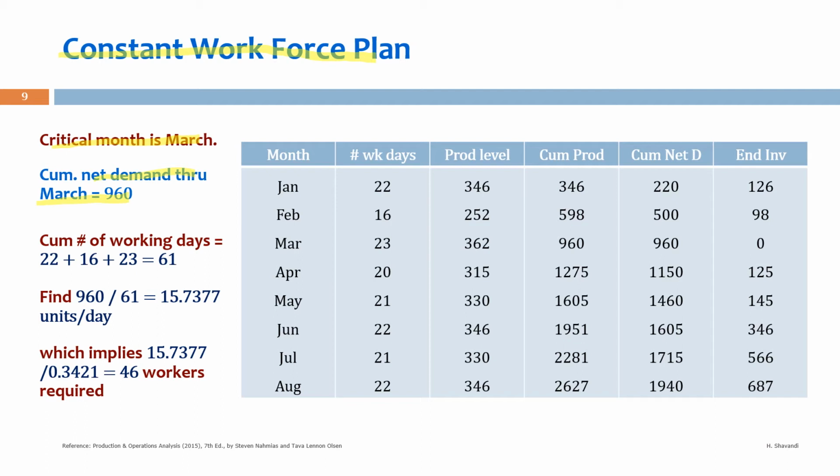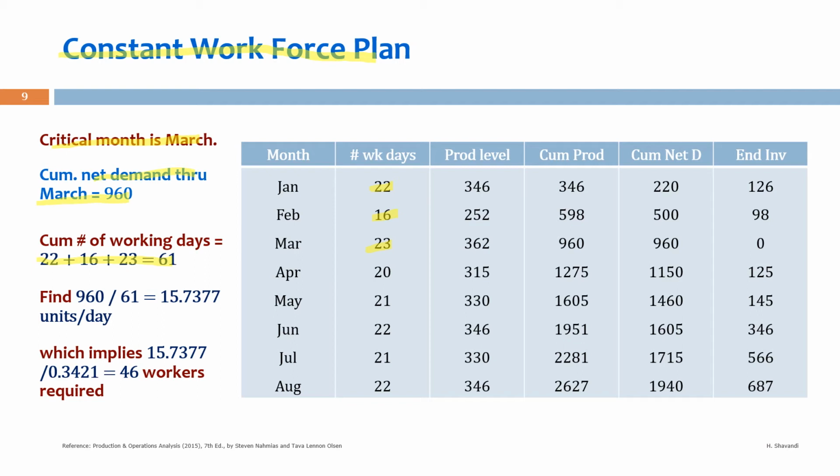January includes 22 working days, February 16, March 23, and so on. The cumulative number of working days from January to March is 61. So we have 61 days to produce 960 units to satisfy the cumulative net demand through March, which is our bottleneck.